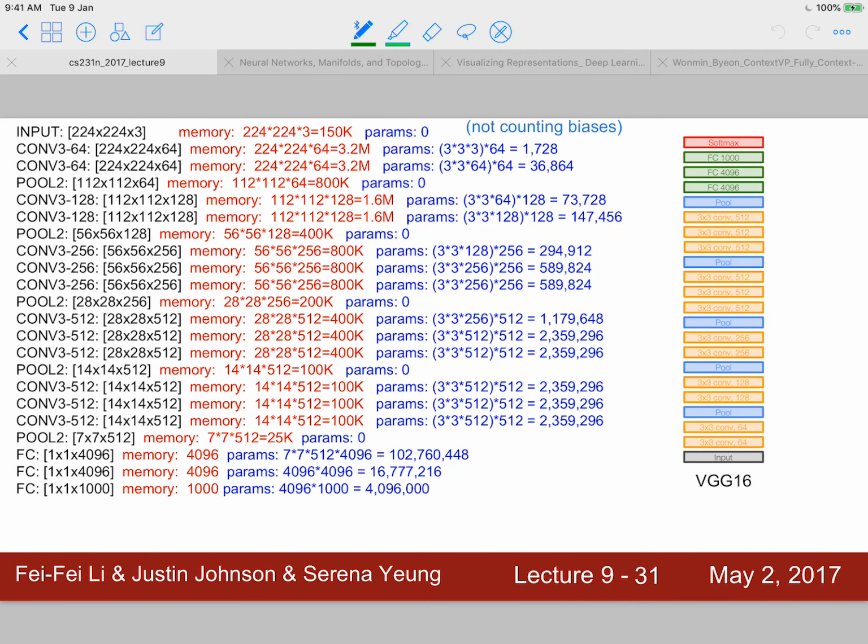Also, although there are better alternatives, such as GoogleNet and ResNet, due to its simplicity, VGGNet is still quite widely used these days.